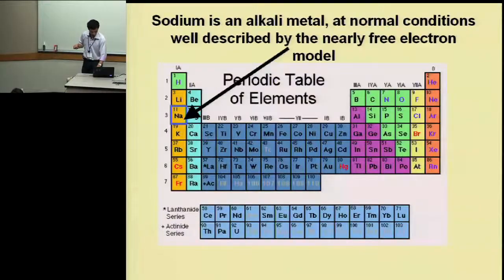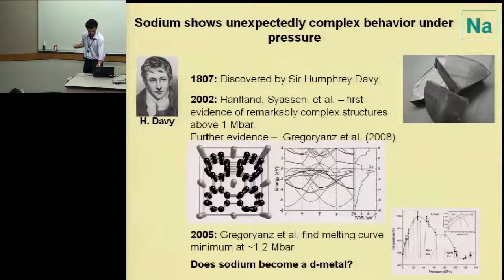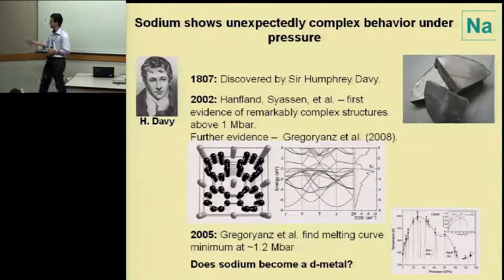And a more relevant result, although seemingly less relevant, is on sodium. Sodium displays one phenomenon that may turn out to be crucial for understanding the interiors of giant planets.